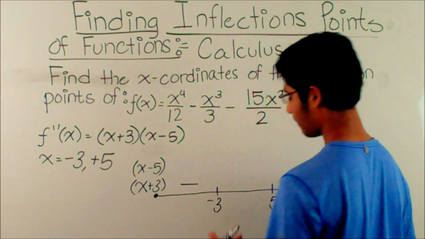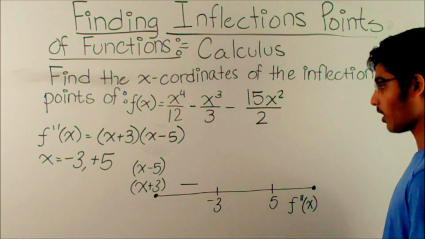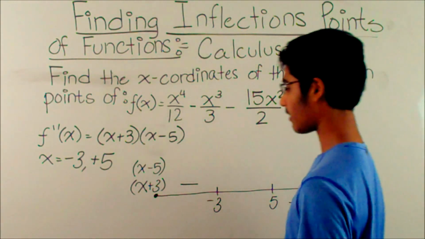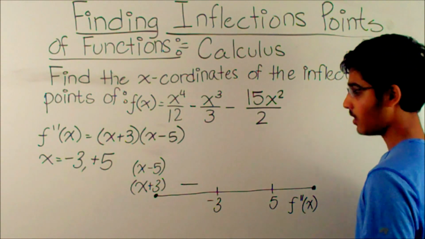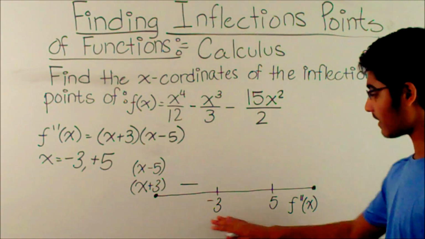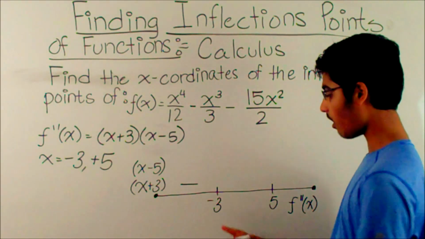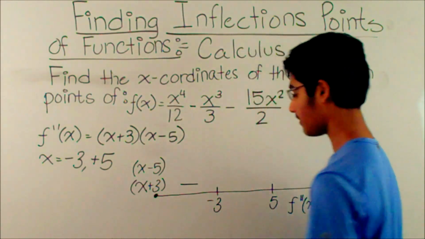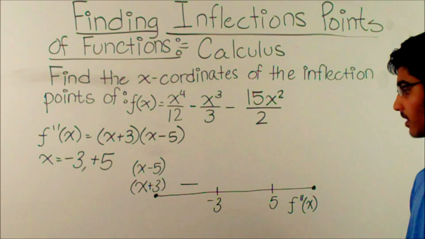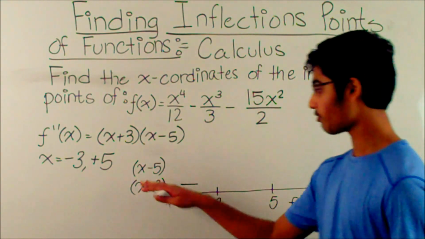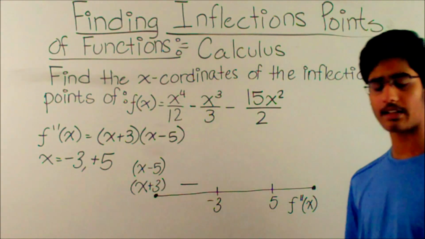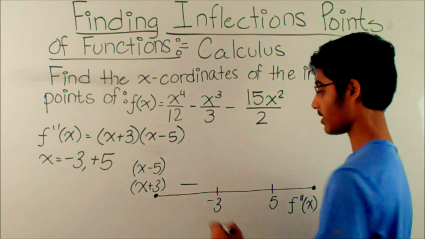Now let's look at x minus 5. Let's pick the value negative 4 again. If we pick negative 4, then we get negative 4 minus 5, which is negative 9. We'll notice that this is still true for all the values on the interval from negative infinity to negative 3. If we pick negative 3.001, we get negative 3.001 minus 5, which is negative 8.001.